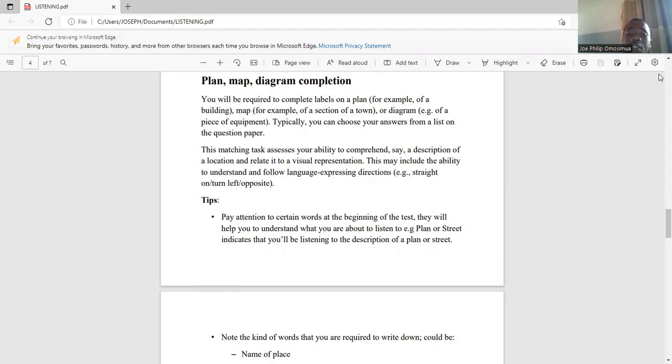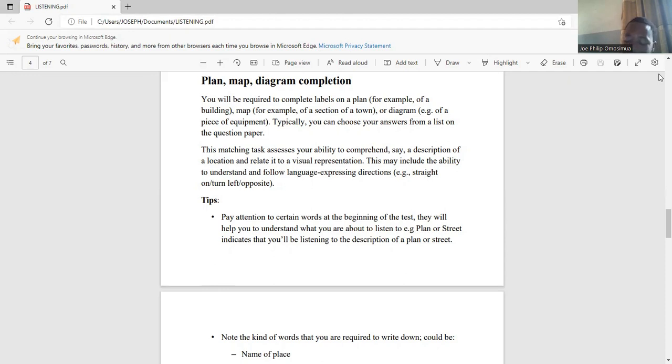This may include the ability to understand and follow language expressing direction. That is to say straight, straight on, turn left, opposite, south, east, west, left, right, etc. Please take note of this.